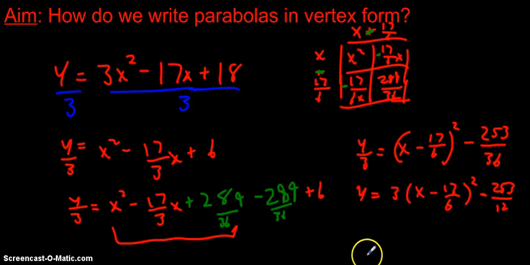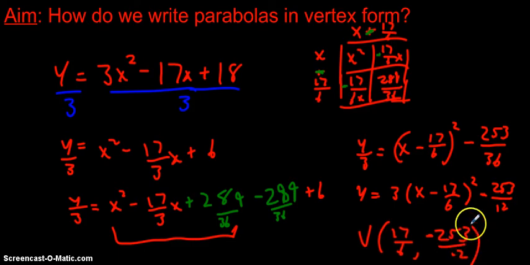So this strange parabola I made has a vertex at 17 over 6, comma, negative 253 over 12. Alright, all that without using a calculator.